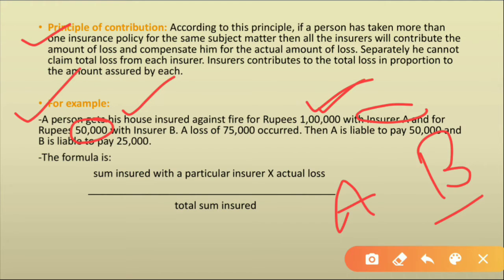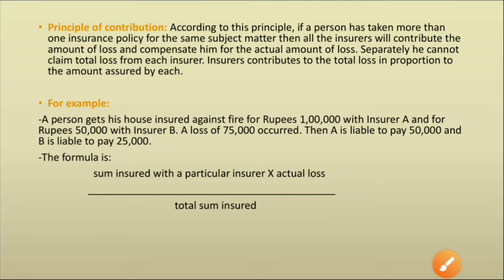Now if he suffered a loss of, suppose, 75,000, then A is liable to pay 50,000 and B is liable to pay 25,000.